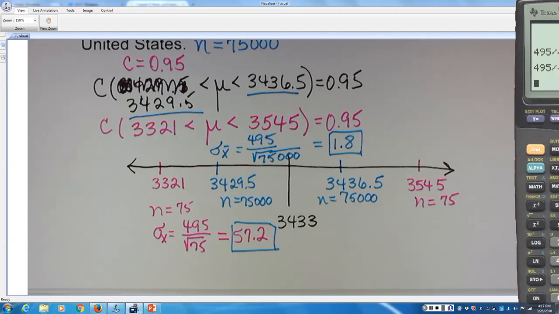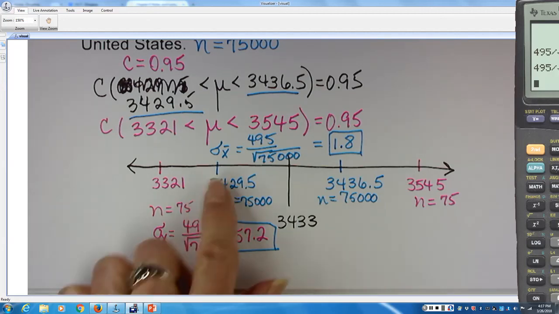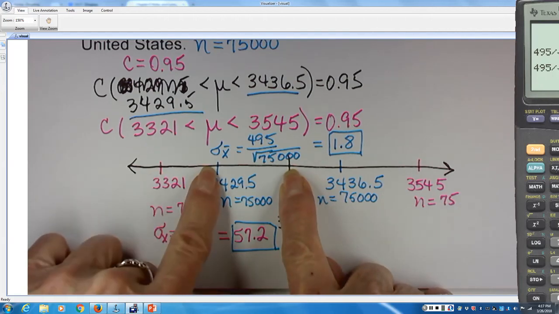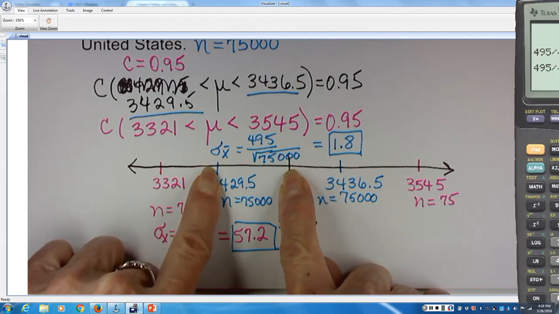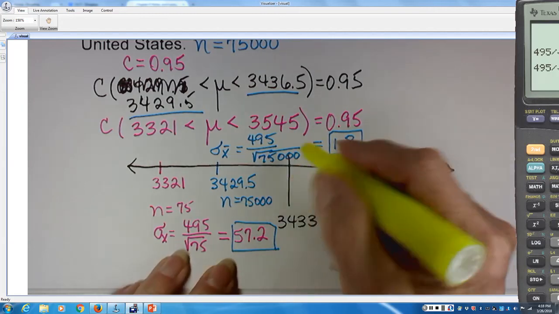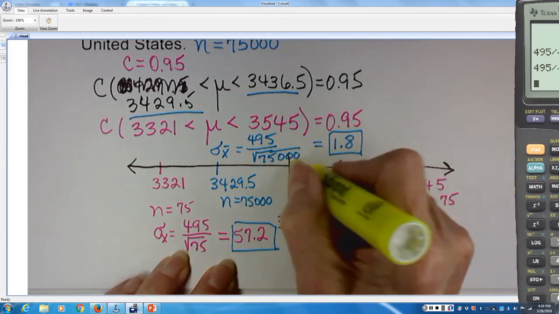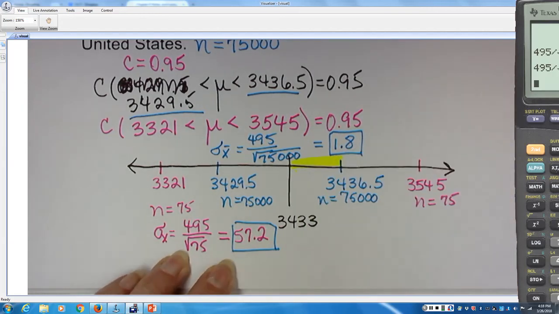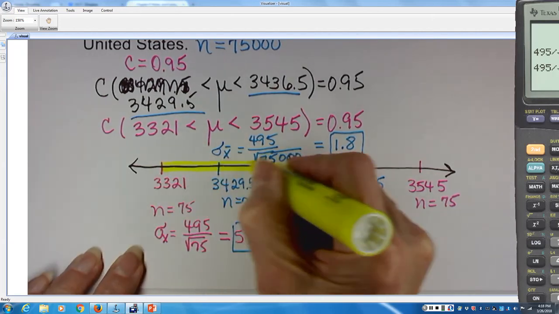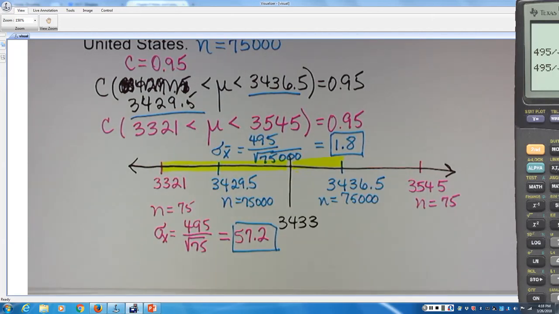It made a big difference in the amount of your margin of error, which went from this to that. Okay? Remember where your margin of error is. This is the margin of error for that one, but this is the margin of error for the pink one. Look at the difference in the size of the margin of error.